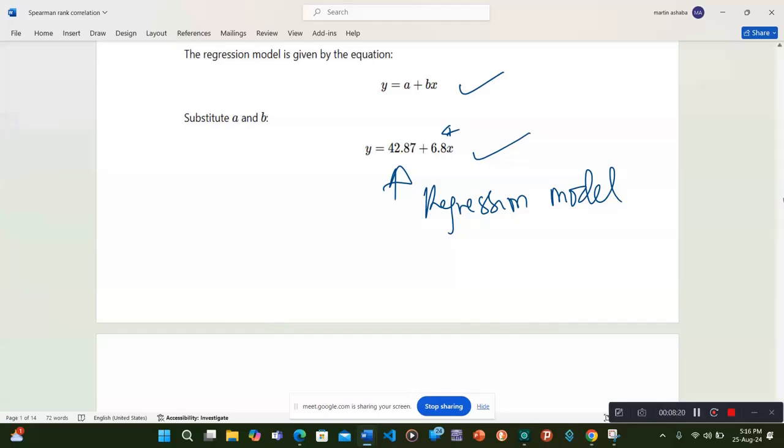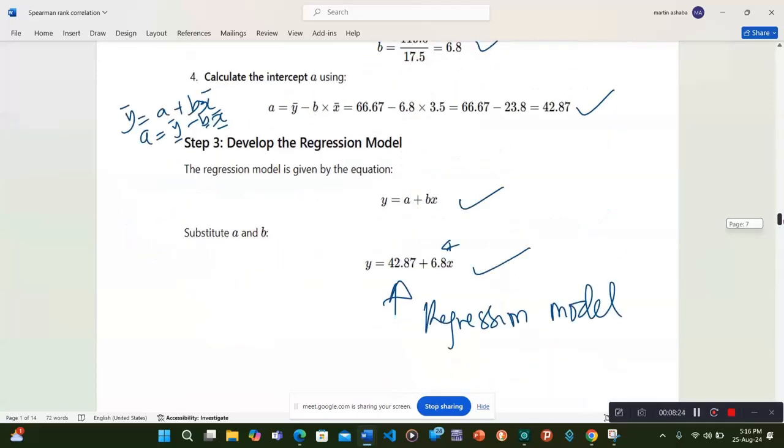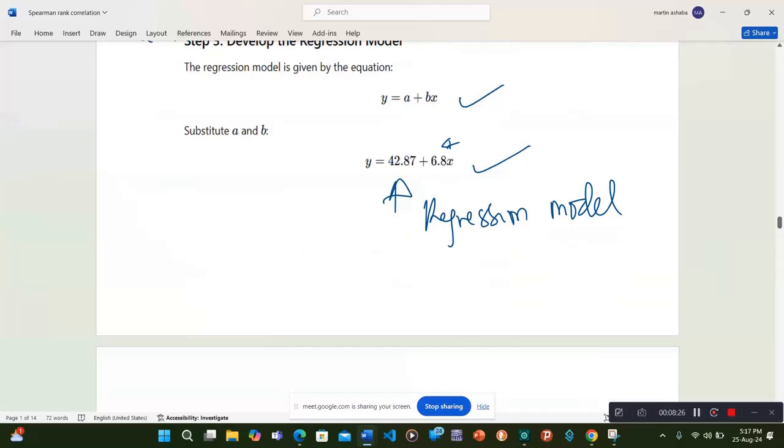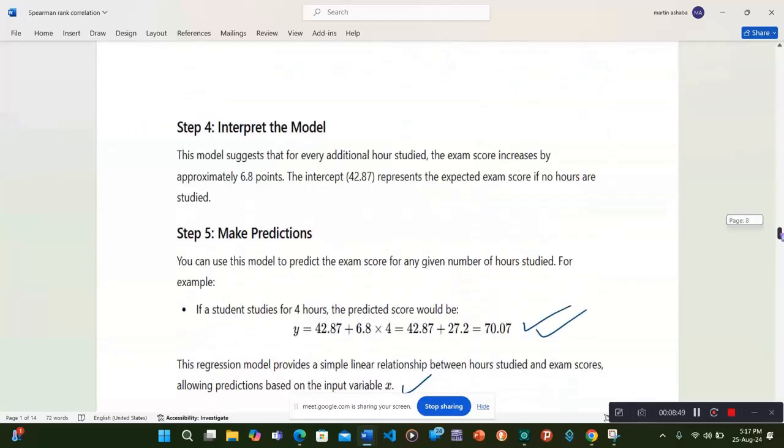In other words, if x is the number of hours studied, then when the student did not study any, did not attend class or study for any amount of time, this is his expected score in the subject being talked about. That's what we are able to get given the above data.